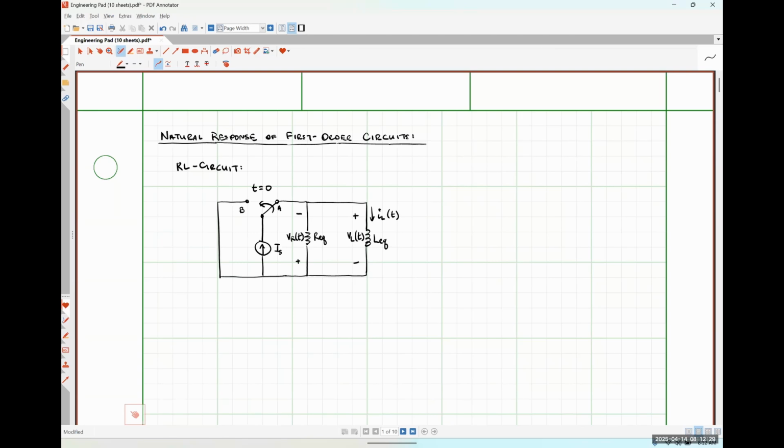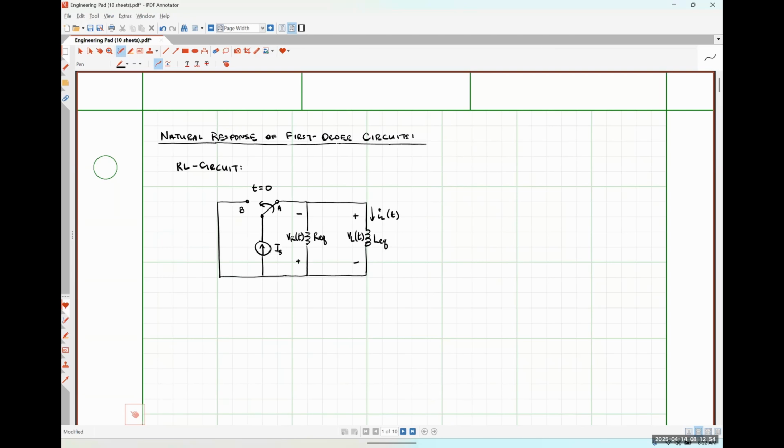So what we essentially have is a current source IS in parallel with some resistance REQ in parallel with some inductance LEQ, right? If our switch has been closed for a very, very long time, we can treat this as if it is a DC circuit because any transients that we might have experienced have since died out, okay?